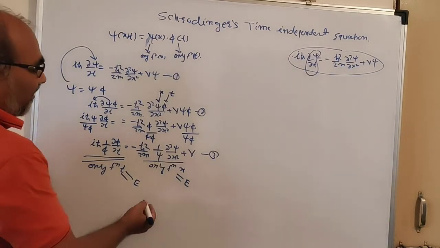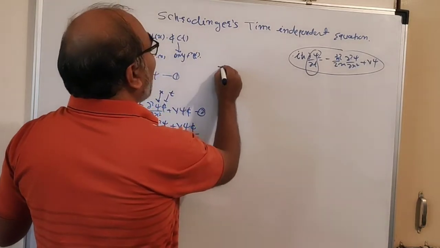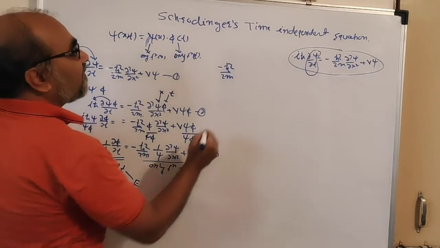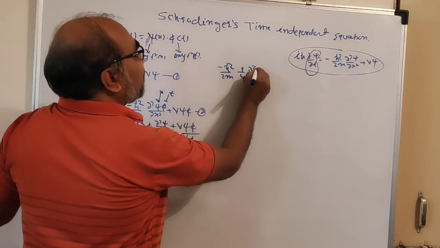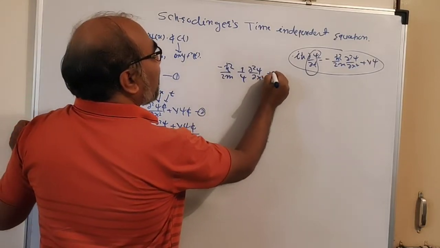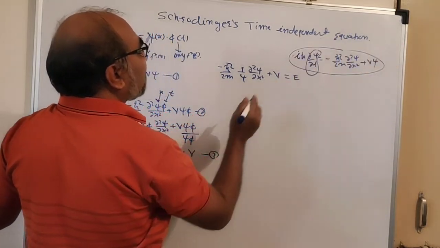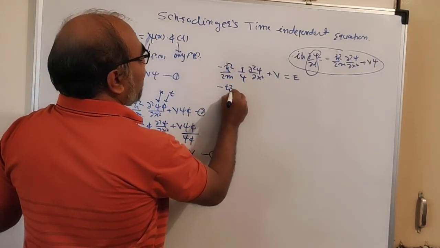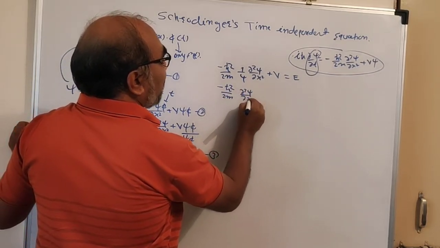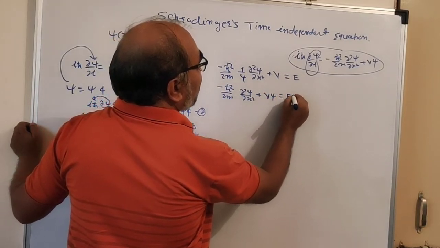Now consider the one term, and we follow the equation: minus h bar square upon 2m, 1 upon psi, d2 psi by dou x square, plus V is equal to E. Multiply by psi on both sides: minus h bar square upon 2m d2 psi by dou x square plus V psi is equal to E psi.